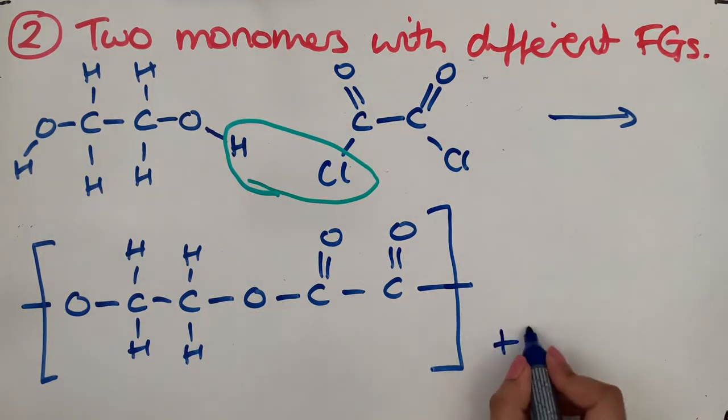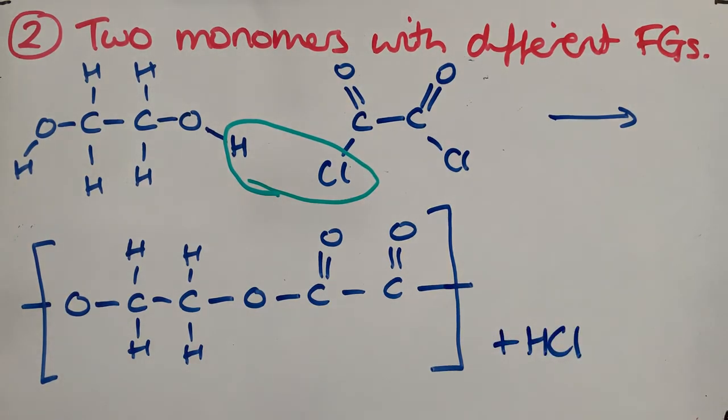But this time I've released a hydrogen chloride molecule. So just to point out, anywhere where I've used a carboxylic acid, if I use the equivalent acyl chloride, I still would get the exact same polymer. It's just that the small molecule that's released changes. If I'm using an acyl chloride, I will release hydrogen chloride. If I've used a carboxylic acid, I release water.